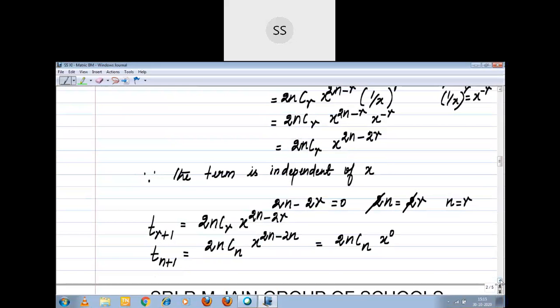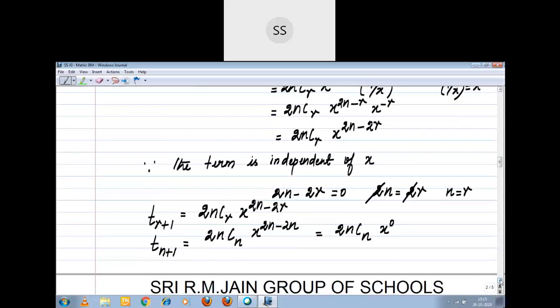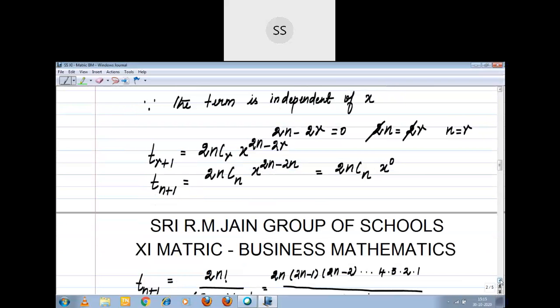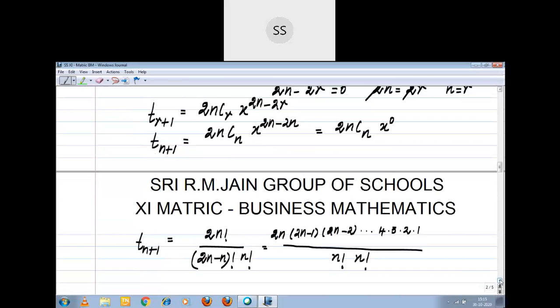They said the term is independent of x, so you are going to equate the powers of x. Independent of x means x to the power 0. So 2n minus 2r equal to 0, n equal to r. That means r can be replaced by n.